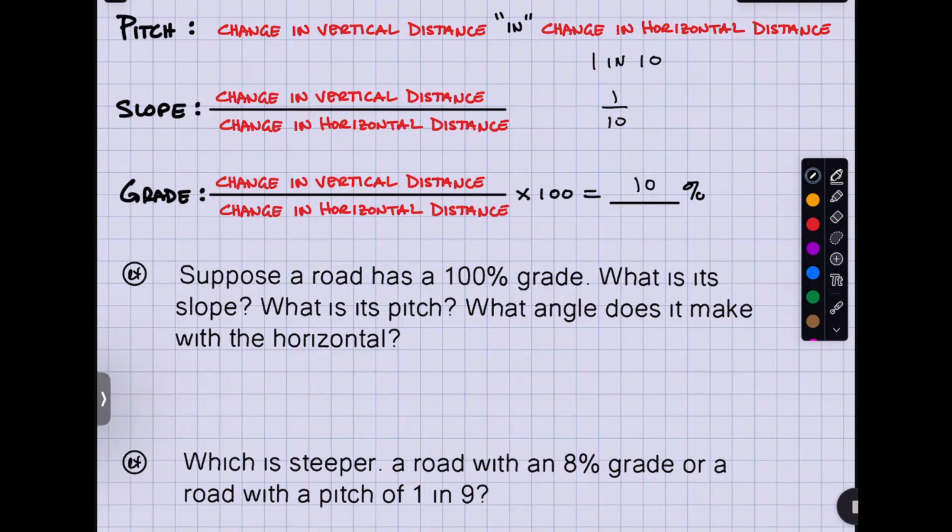So depending on what you're talking about, pitch, slope, or grade, those have different things, right? The pitch and slope is pretty much the same, right? So 1 divided by 10 is 0.10 times 100. You move the decimal place twice to the right. That's your percentage. So grade takes decimals and converts it to percentage.